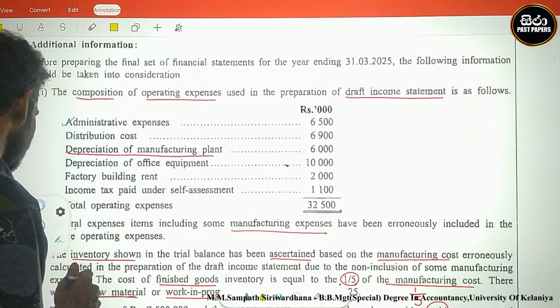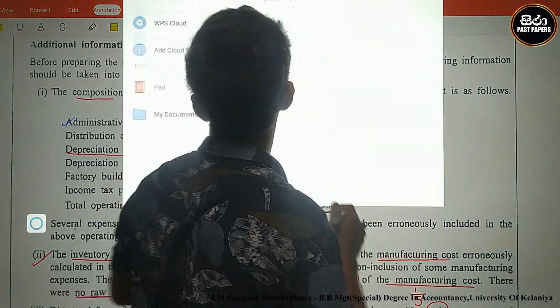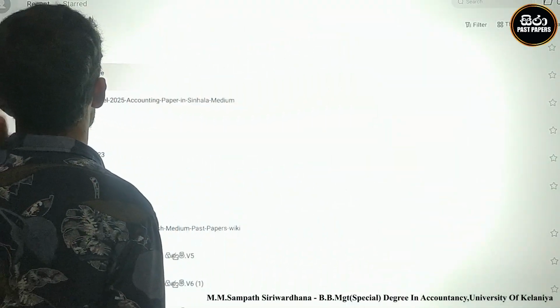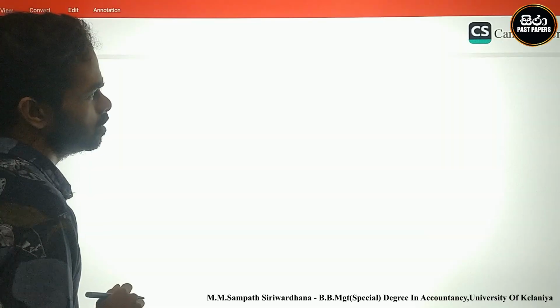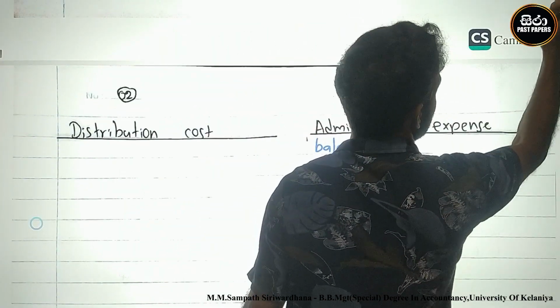Therefore, we can get 6,500 as a balance of administration.